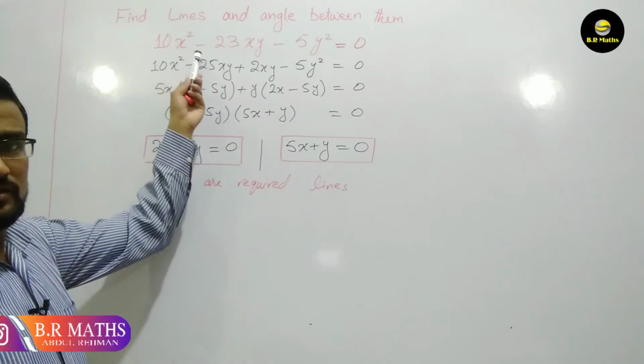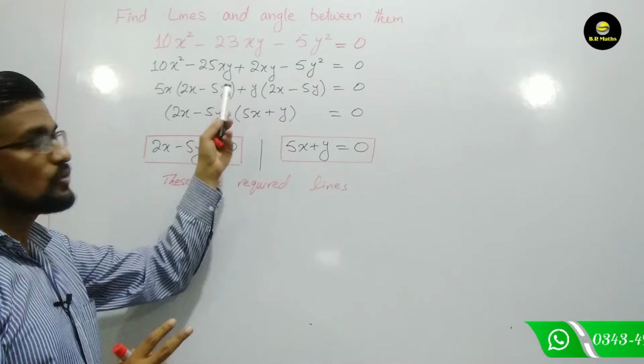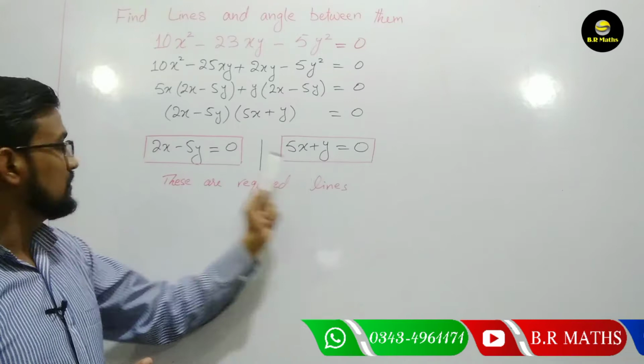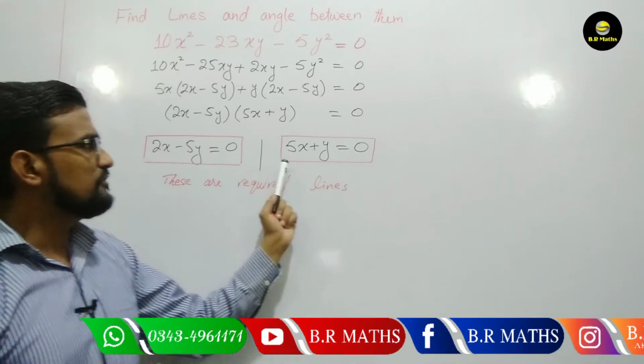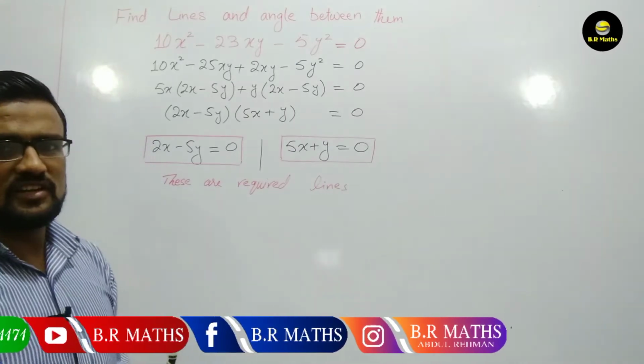In this question, this equation represents the combination of two lines: 2x minus 5y equals 0, this is a straight line, and 5x plus y equals 0, this is also a straight line.